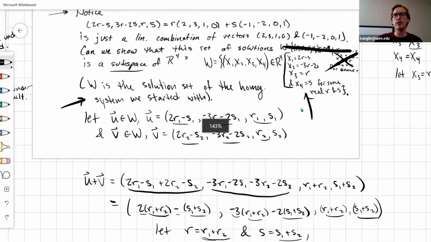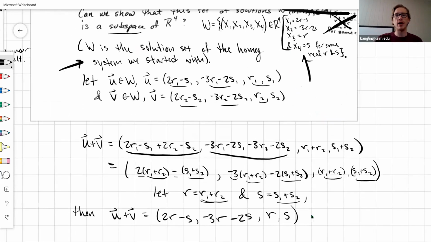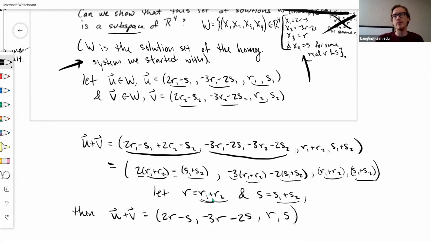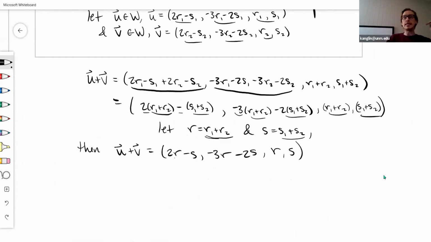This form required up here to be in W, since those values R and S that really came from R1 plus R2 and S1 plus S2 are still just some real numbers. So this is in W. It has the right form still. So this is closed under addition.